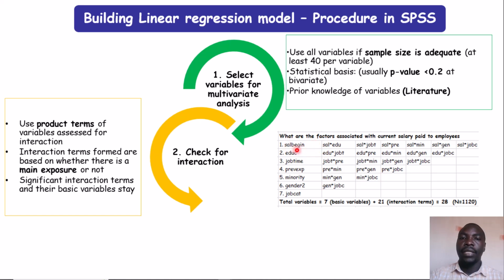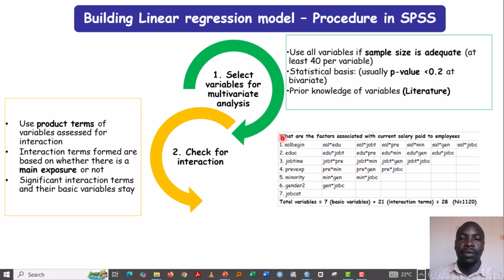These interaction terms are formed based on whether there is a main exposure or not. How many interaction terms I can have depends on the question that my research is attempting to answer. To give an example, if the question we are attempting to answer is, what are the factors associated with current salary paid to an employee based on this data?